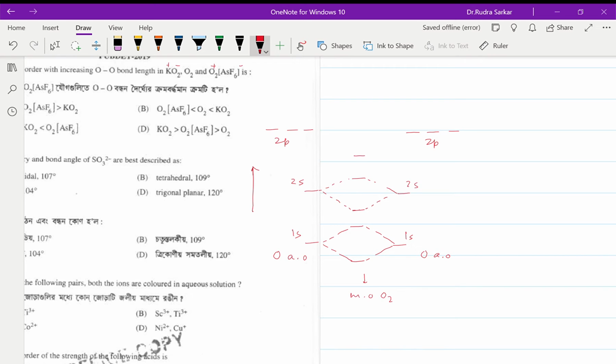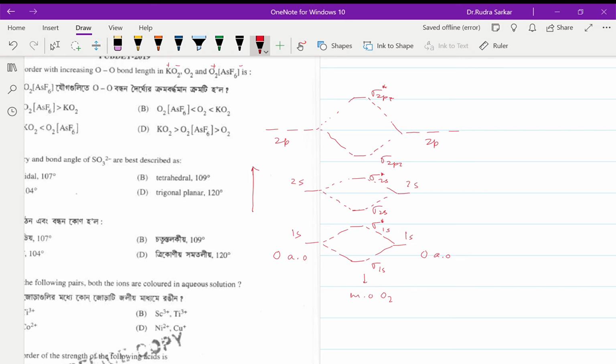Now 2pz, when it combines along the internuclear axis, it is going to form the sigma orbitals, and this is sigma 2pz. This is sigma star 2pz. This is sigma 1s. This is sigma star 1s. Star indicates antibonding. Without the star, it is bonding. This is sigma 2s. This is sigma star 2s.